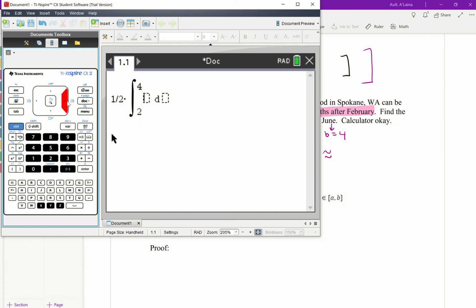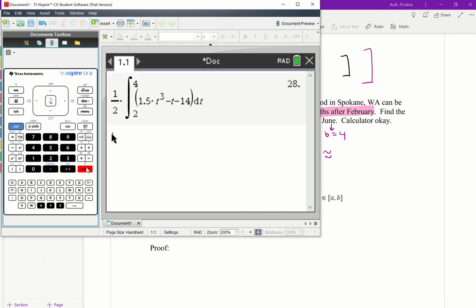I could have defined R of t in a different location if I wanted to, or I could just type in the expression. 1.5 t to the third power. I'd like you to notice I'm doing the actual expression for t. I'm not changing the expression for t to a derivative or an integral. Sometimes kids do funky things there. Minus t minus 14. And then the variable that I'm using is t, so dt.